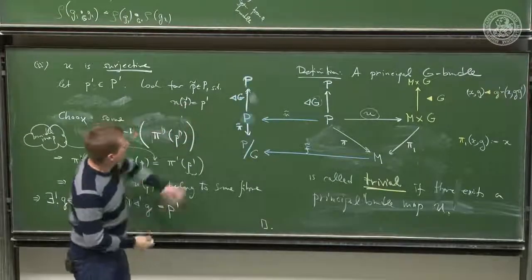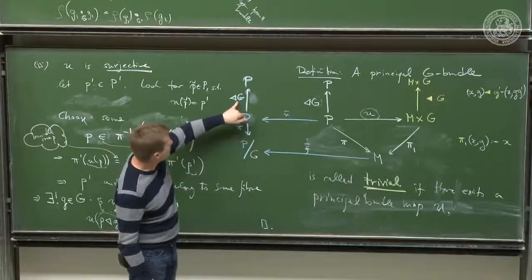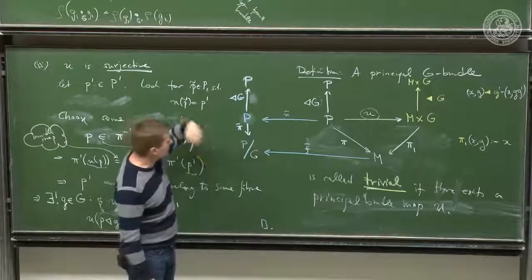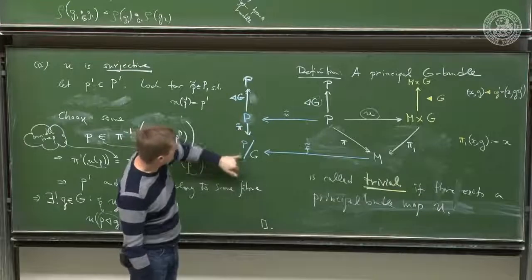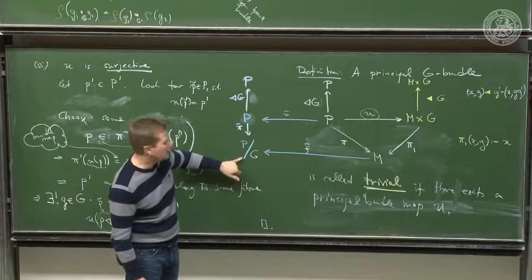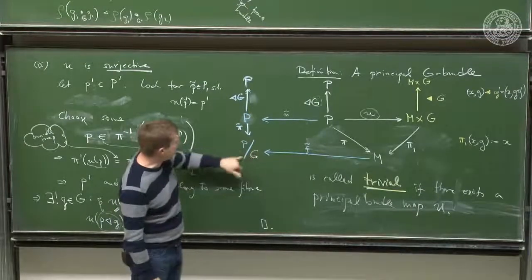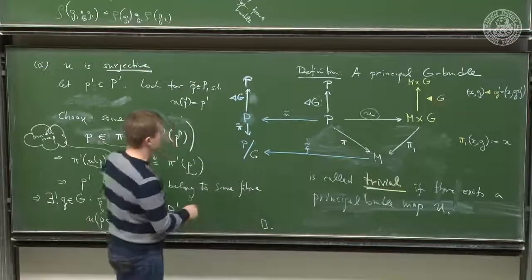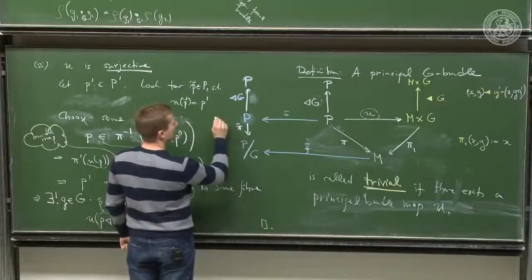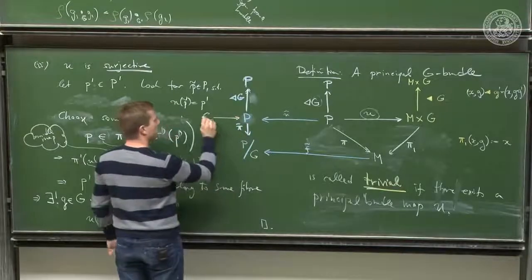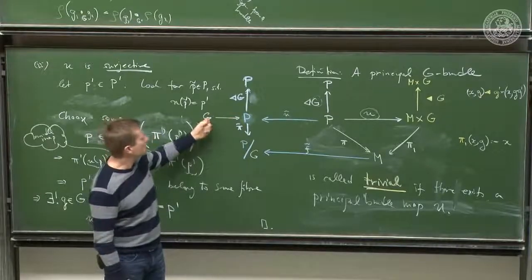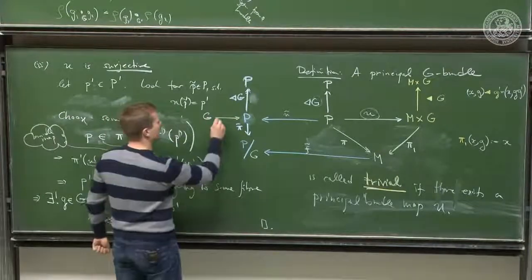And because this is a free action, it means that the entire P was, in a sense, foliated into lots of orbits. But each fiber is isomorphic, as we also mentioned or even proved. So in our notation of a fiber bundle, the blue guy is a G fiber bundle.